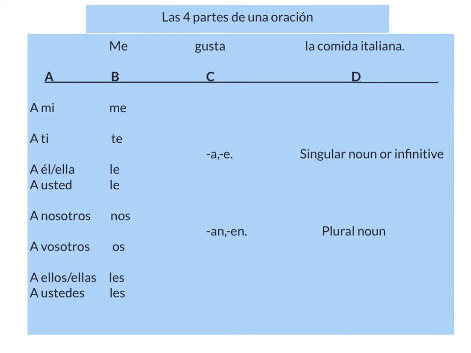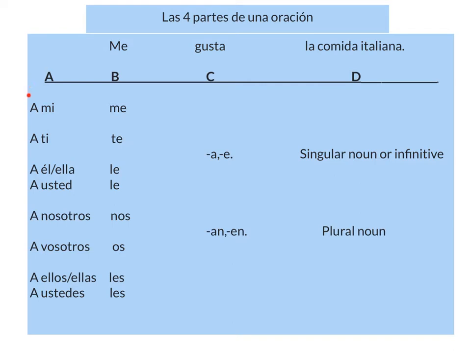So, to start with, the four parts of any sentence that uses gustar or verbs like gustar, I will be labeling as part A, part B, part C, and part D. Part A, an easy way to remember how to start a sentence.